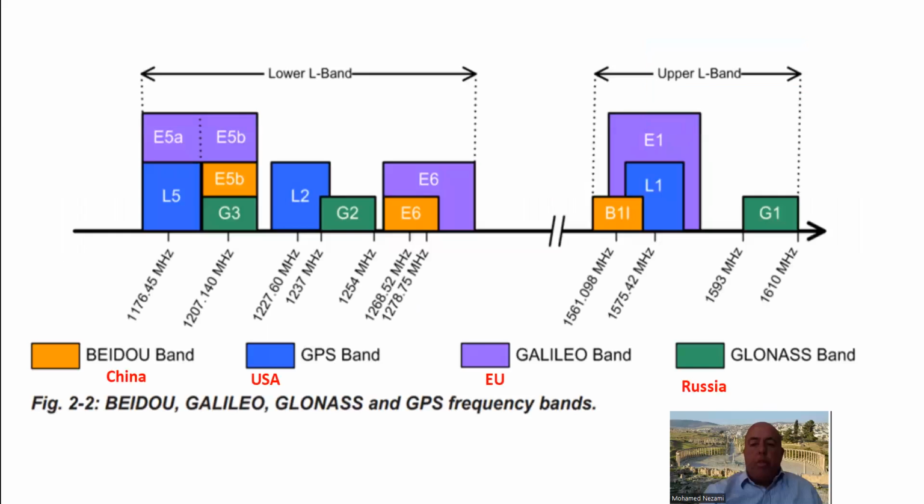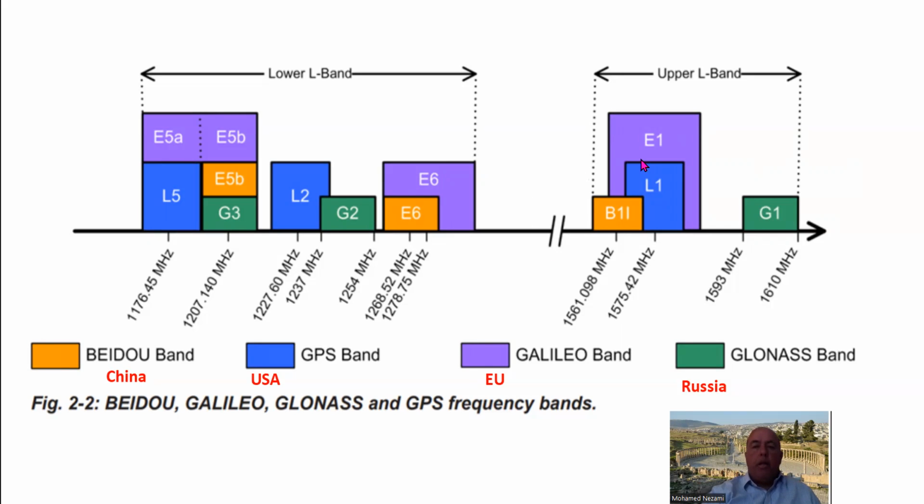Now, just to put some theory, if you survey the GNSS spectrum, we have 5 systems. One of them is not shown in here, which is the Indian system. But we have a Chinese BeiDou, we have the US GPS bands, L1 and L2, and we have the Galileo, which is the European band, and then we have GLONASS, which is the Russian band.